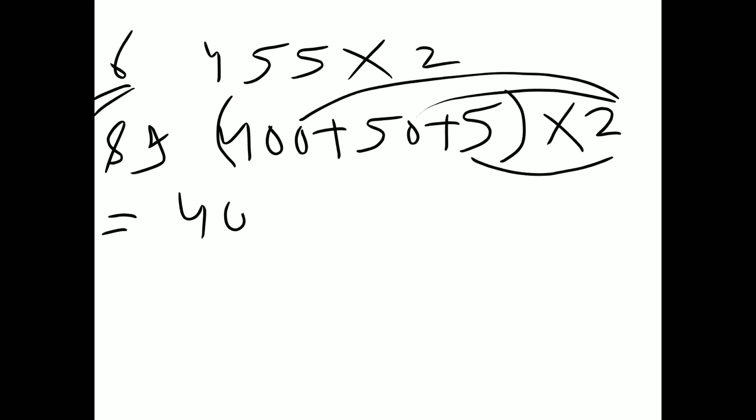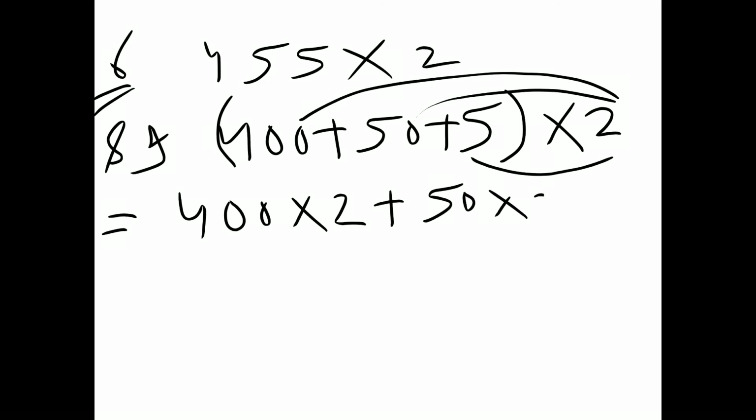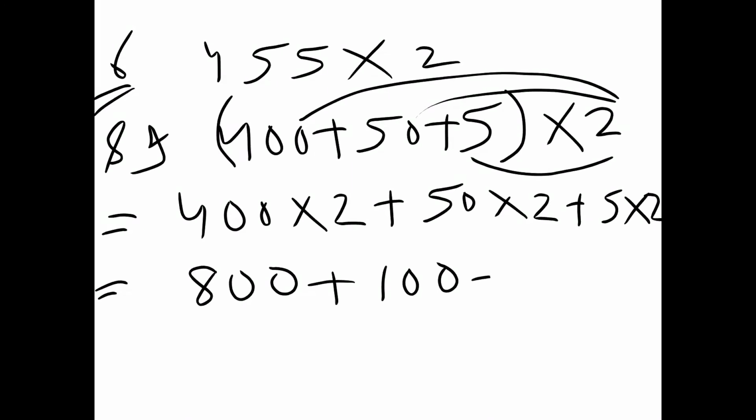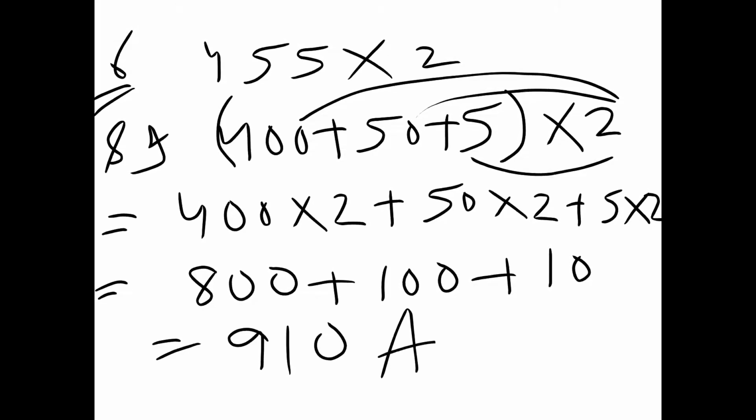So answer will be 400 into 2 plus 50 into 2 plus 5 into 2. 4 2s are 8. How many zeros come? 2. Plus 2 5s are 10. How many zeros come? 1. Plus 10. Add them. Answer will be 910. Clear?